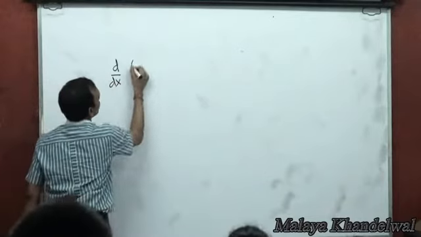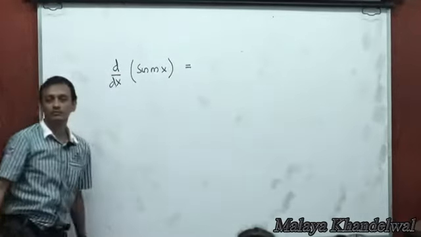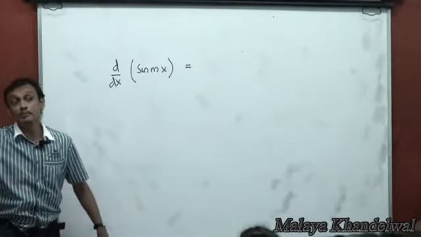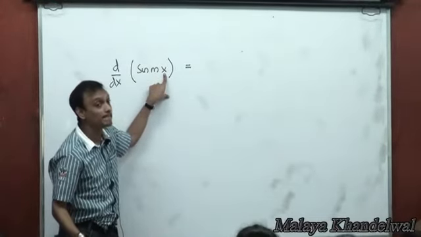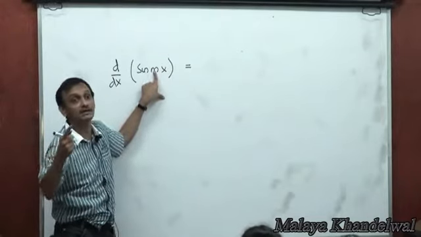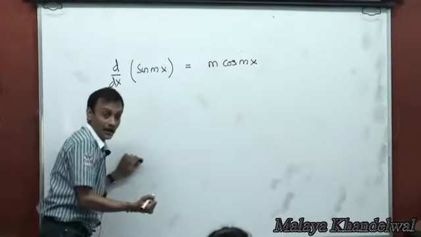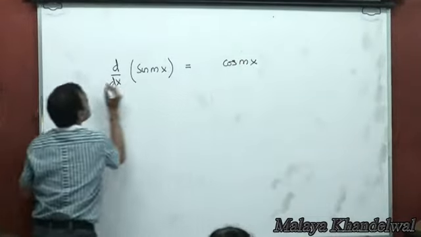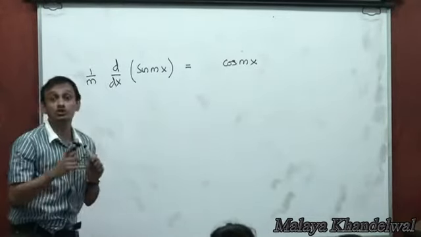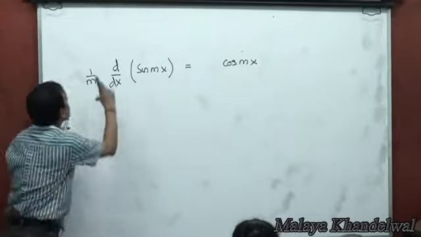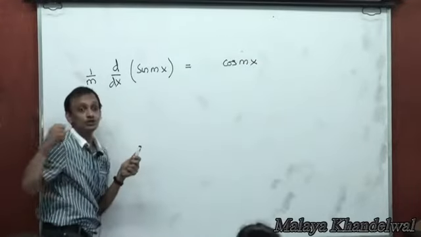Realize that d/dx of sin mx is m cos mx, because the outermost cos mx with respect to x would give me m. Now, let me bring this m here. m is a constant, so is 1 by m. And this 1 by m has a thoroughfare into the derivative sign. It can walk in at will, scoop out at will.